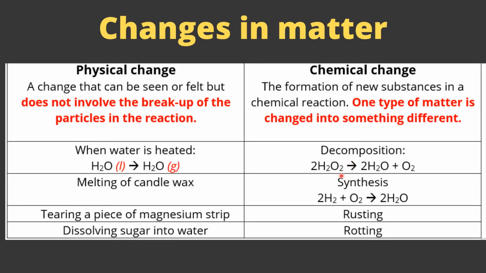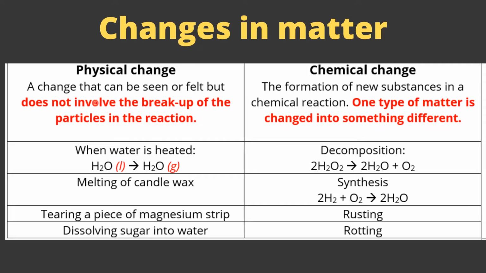This is before the reaction takes place, then something occurs, and it breaks into H2O, that's water, as well as your oxygen molecule. So you started off with something and you ended up with something else. Then we know that a new substance has formed. One type of matter was changed into something else. That is how we essentially differentiate between physical change and chemical change.